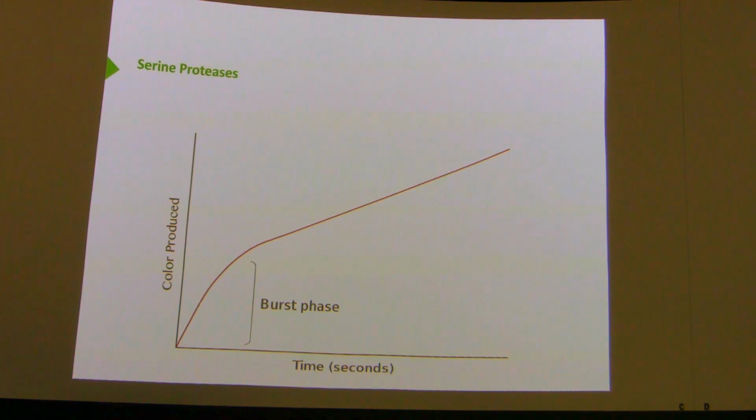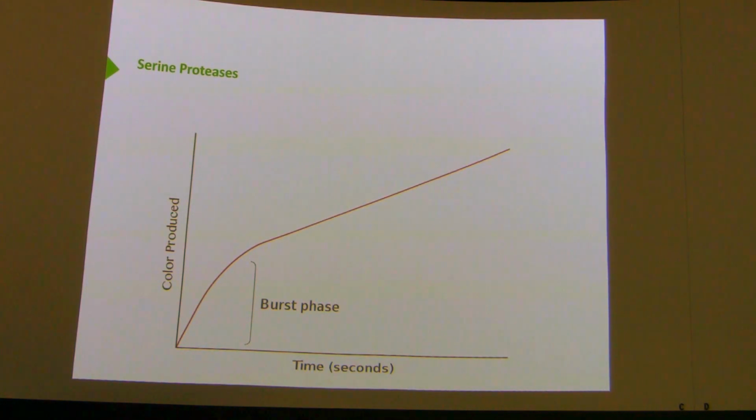What we see is that this thing goes through a very rapid initial catalysis, and then it kind of levels off. Notice that what we're doing here is not substrate concentration on the x-axis, but we're looking at time. We haven't had a plot like this so far. On the y-axis, we're looking at the amount of color produced, and we can measure that using a spectrophotometer.